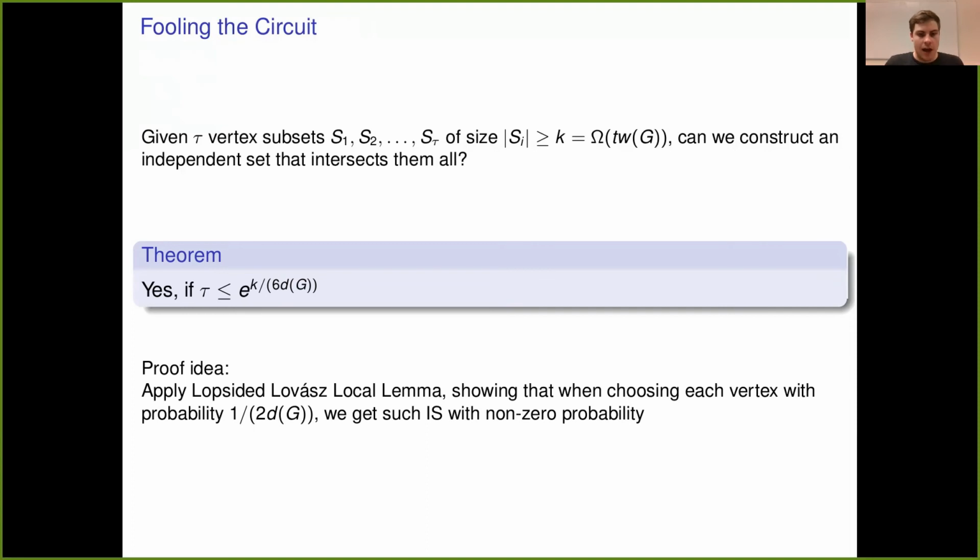So for the parameters, we choose each vertex with probability 1 over 2 times the maximum degree of G to be in the independent set, and then this shows that we get a set that is independent and intersects each of these with some non-zero probability. So this kind of independence must exist. Okay, so this was the proof idea of theorem 1.